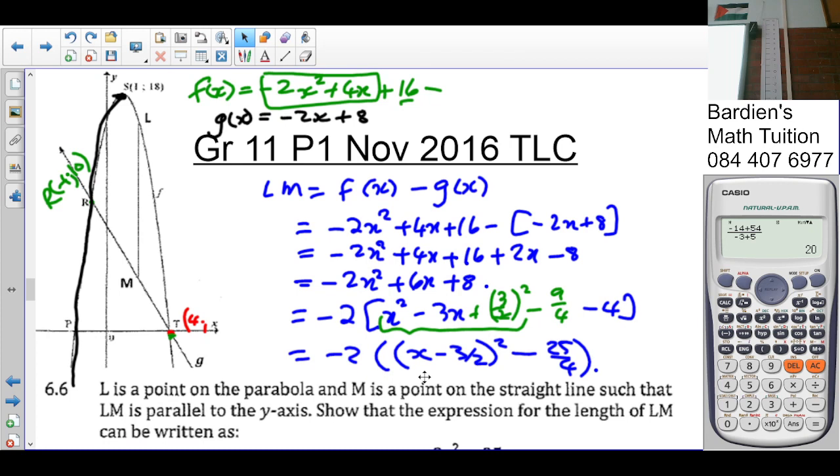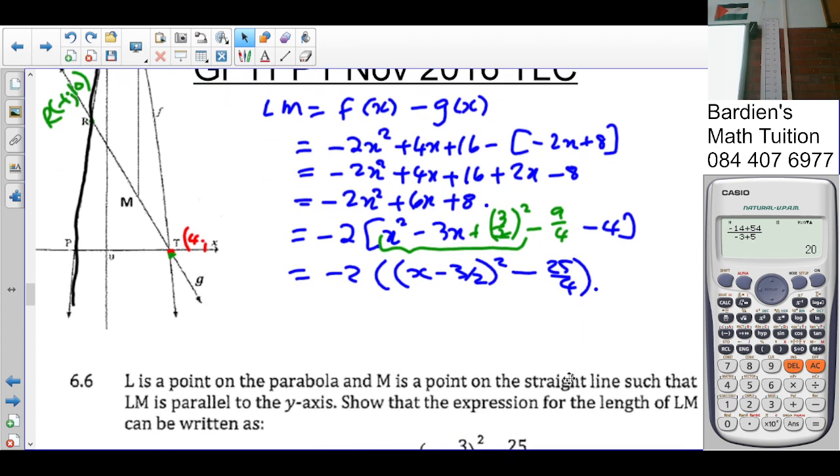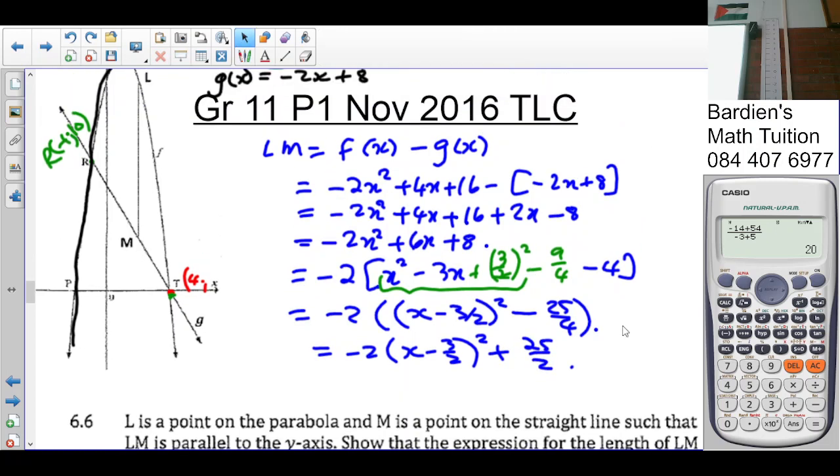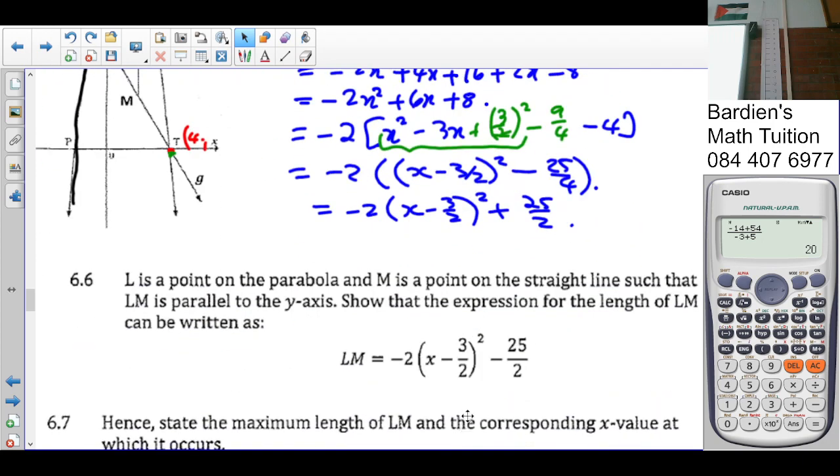Okay. But you see that negative 2 on the outside, so what we do is we multiply that negative 2 in. It then gives us negative 2 into x minus 3 over 2 squared plus 25 over 2. Okay. You all okay with that? And that is what is given there, as you can see.